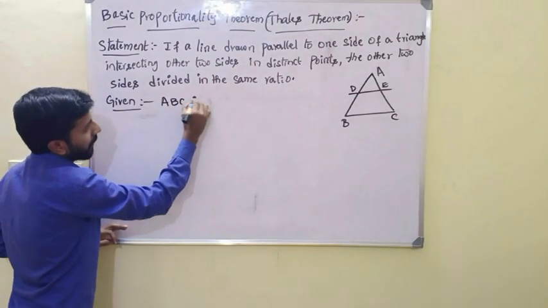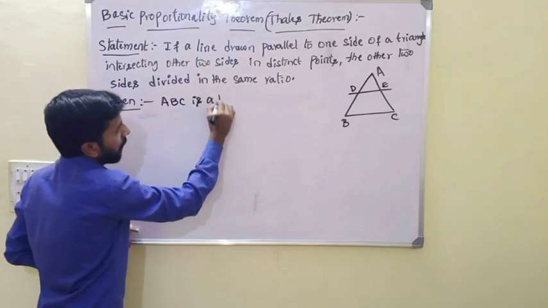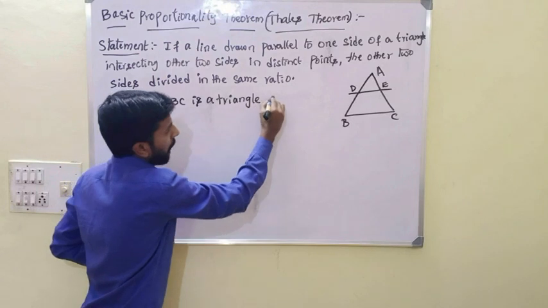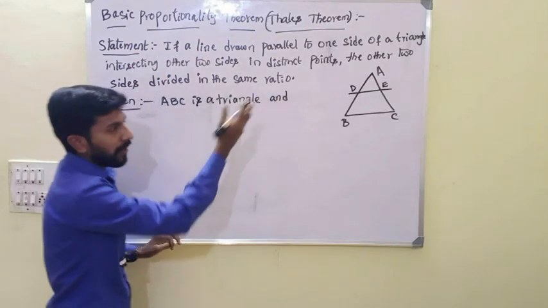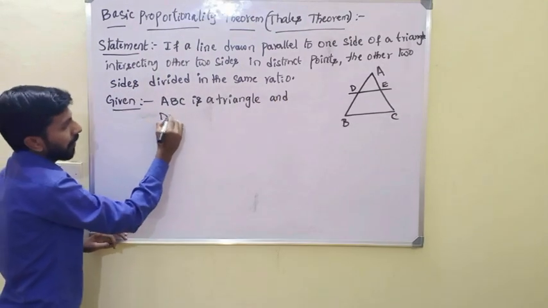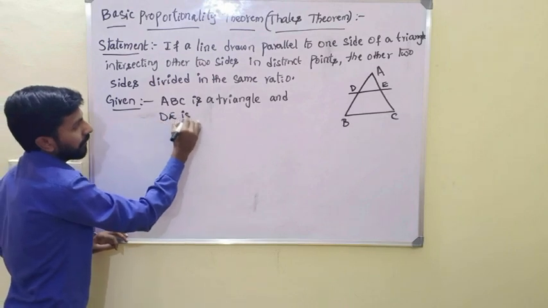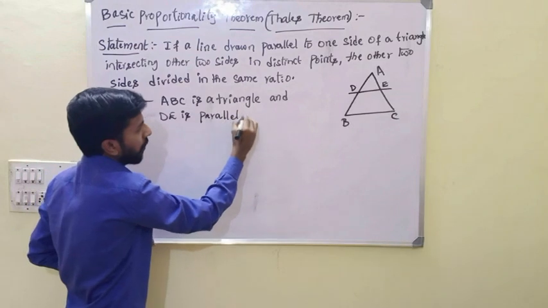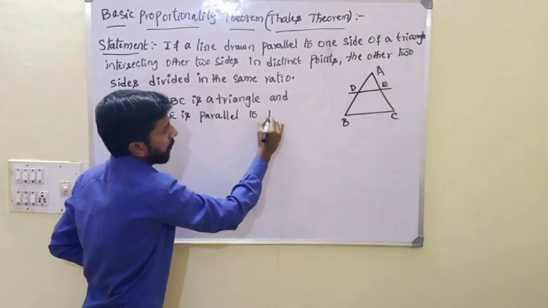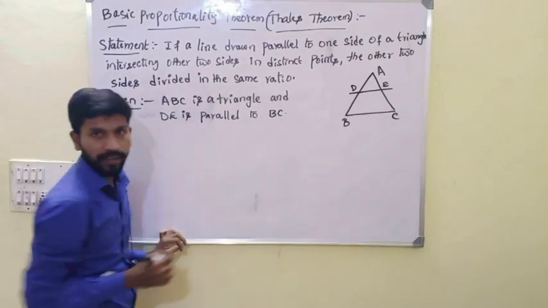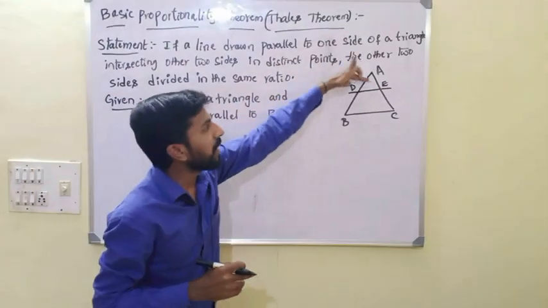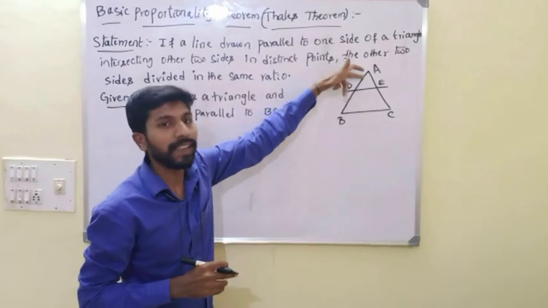Given: ABC is a triangle and DE is parallel to BC. Now what we have to prove? That AB and AC are divided in the same ratio.